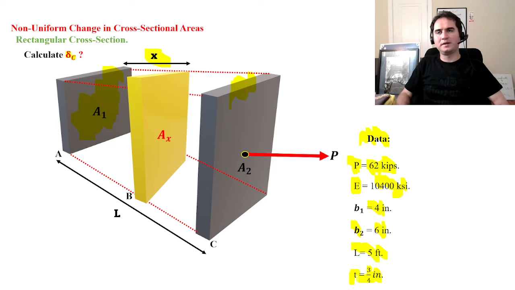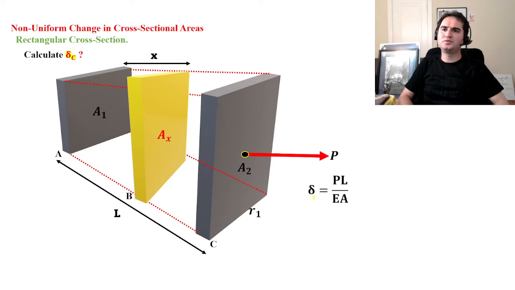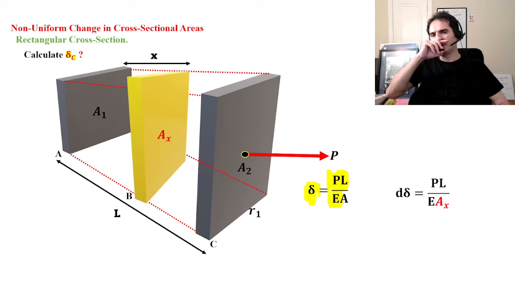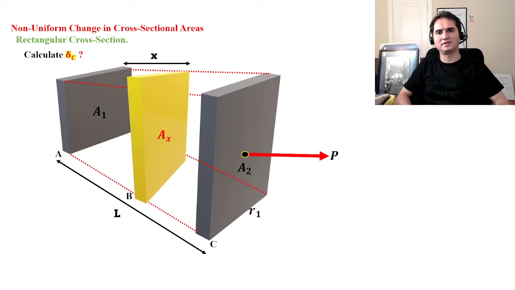Let's solve the problem parametrically at first, and then we'll replace it with the numeric values to get the answer. For a uniform cross section, delta is just PL over EA. For our case, d delta, because we need to integrate, is P dx over E times A sub x, and delta is just the integration of our element d delta.